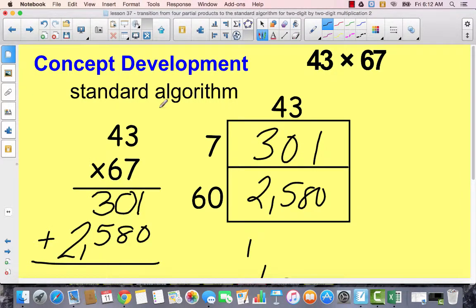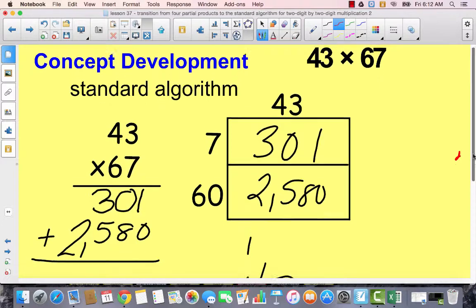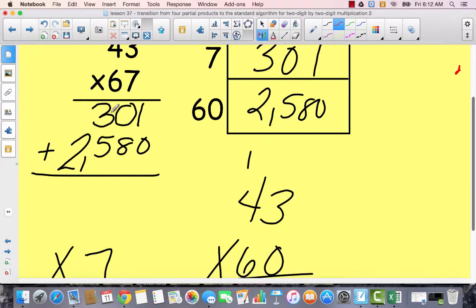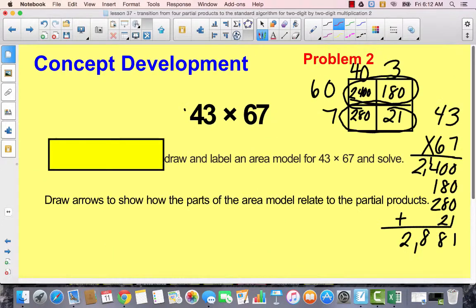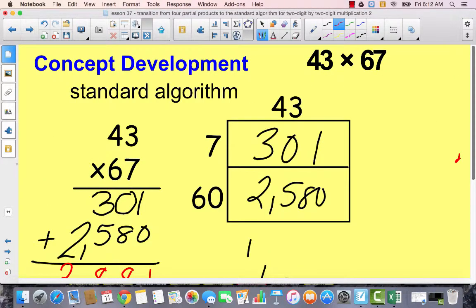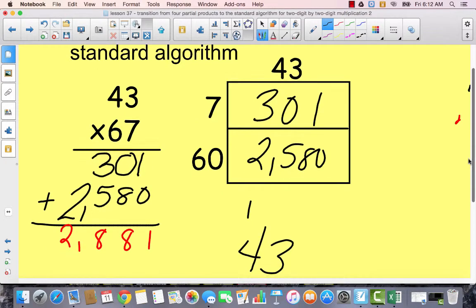Okay, so I have 2,881. You can look in your journal, and that's the exact same answer that we got the last time. This time we used standard algorithm. Before we were using partial products and area model, but we got the exact same answer.